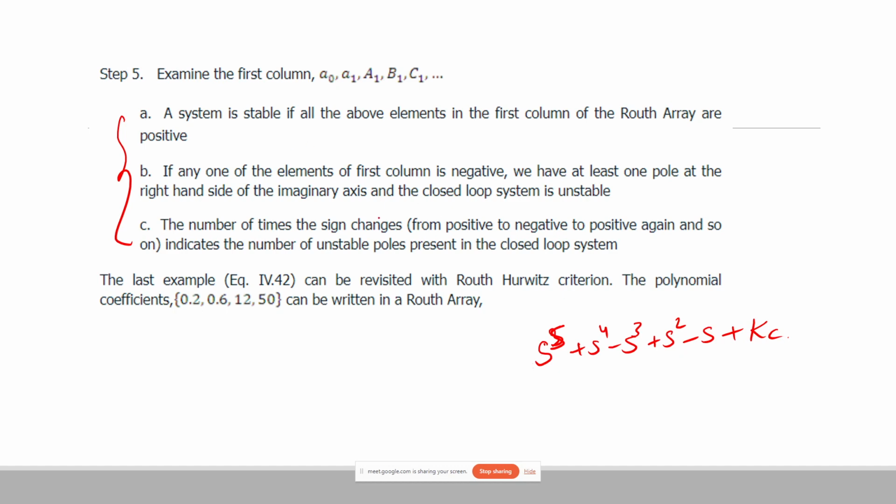So here we need to calculate the number of sign changes from positive to negative to positive again, and so on. That will indicate the number of unstable poles present. So over here we are not having a sign change, but over here we are having a sign change, that is, going from negative to positive. Similarly, over here also we are having a sign change, going from negative to positive. So the presence of such sign changes can give us the idea about the number of unstable poles present in the system.